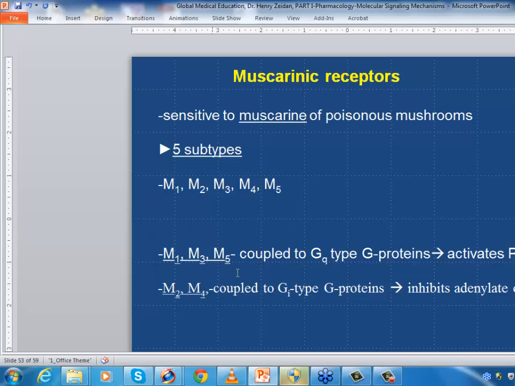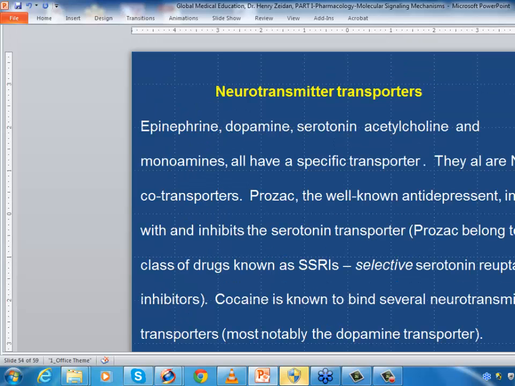M1, M3, and M5 are coupled with GQ. So what do you expect to see? Phospholipase activation. See that? GQ type. So activate phospholipase C, activate protein kinase C. So you're dealing with calcium that acts as a third messenger. On the other hand, M4 and M2 deal with GI, which deals with inhibition of adenylyl cyclase.